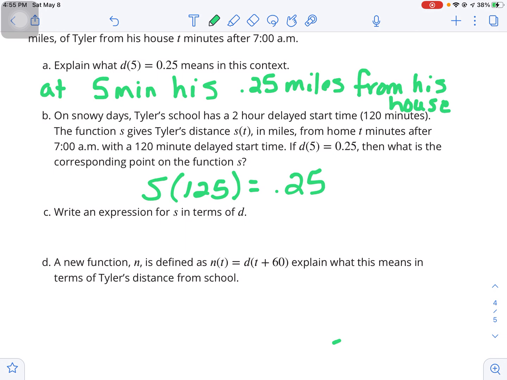And then letter C, write an expression for s in terms of d.